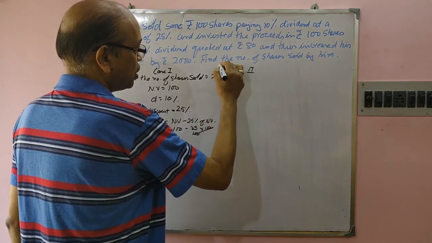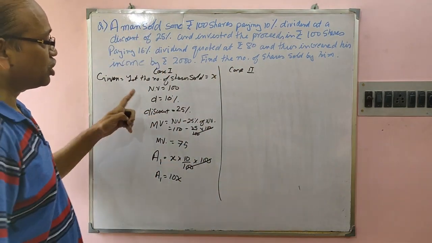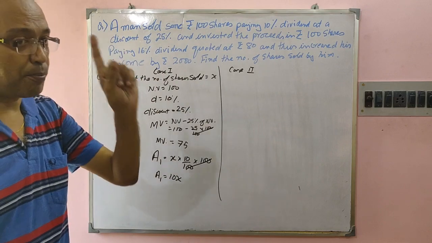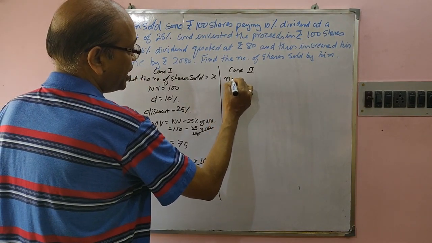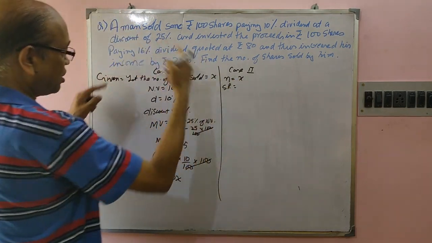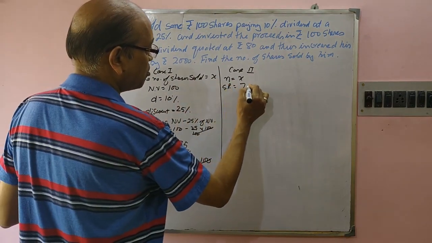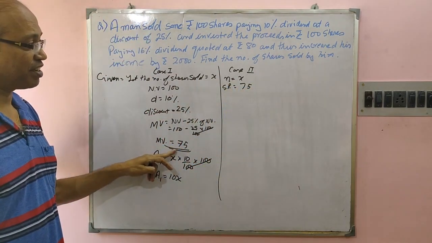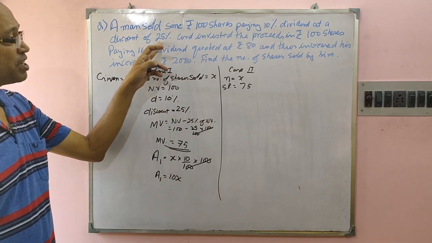Now case 2. He sold these shares, meaning X number of shares. Selling price is 75 rupees, because the market value was 75. He has sold the shares at a discount of 25%.